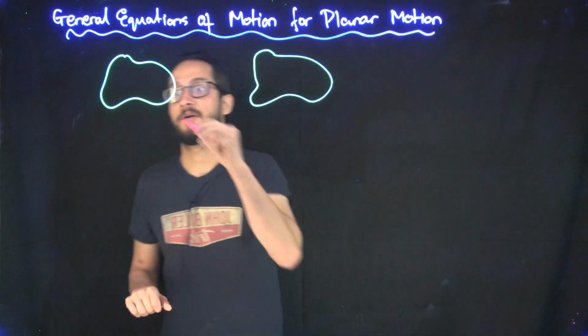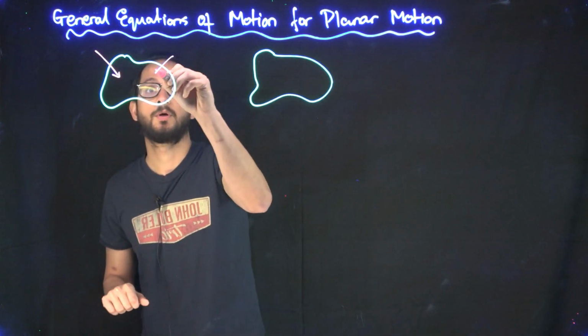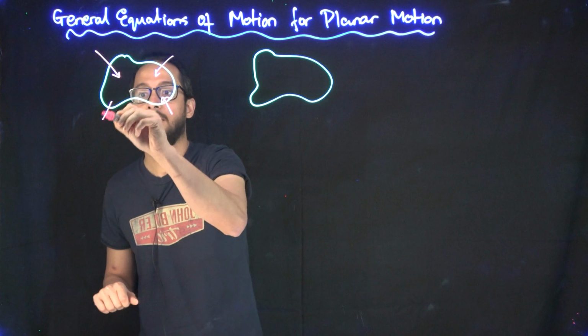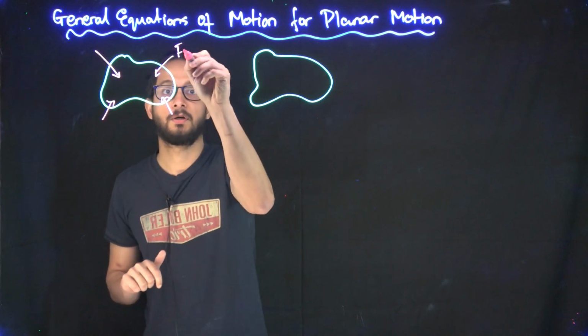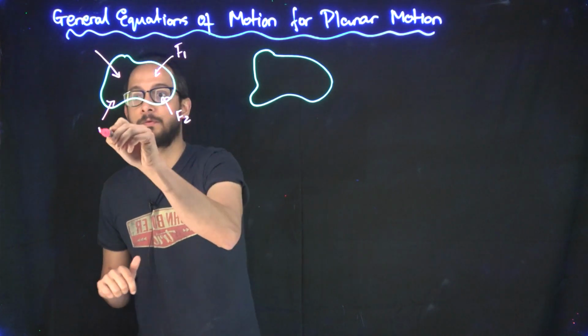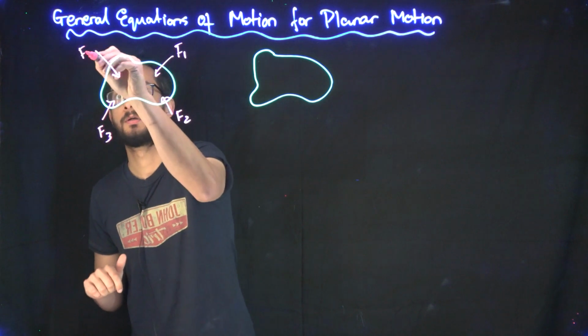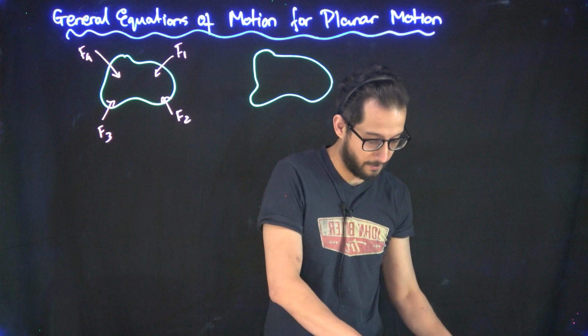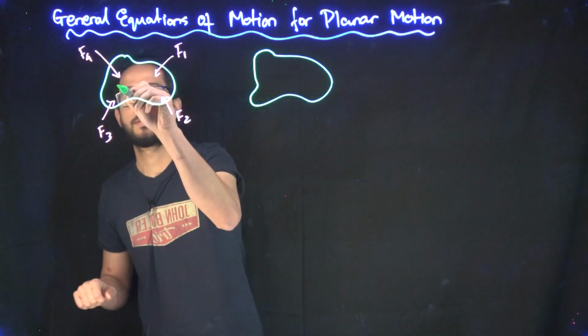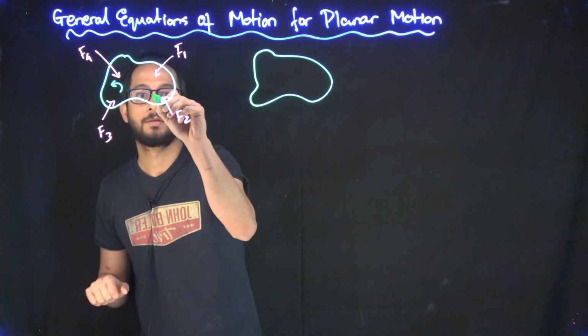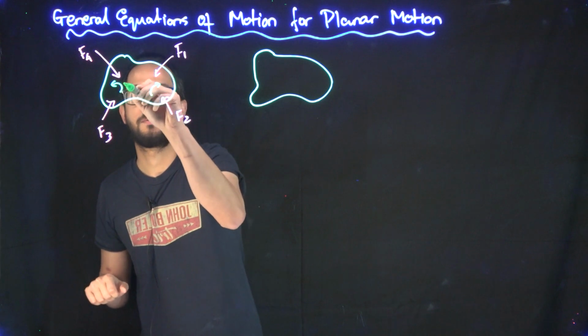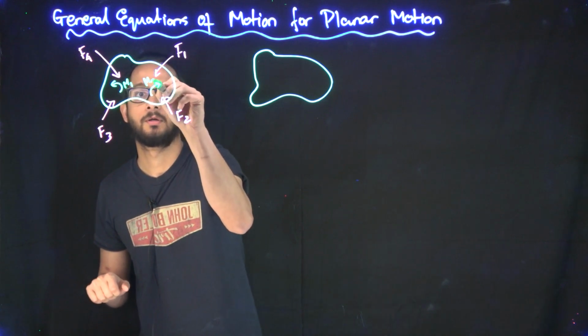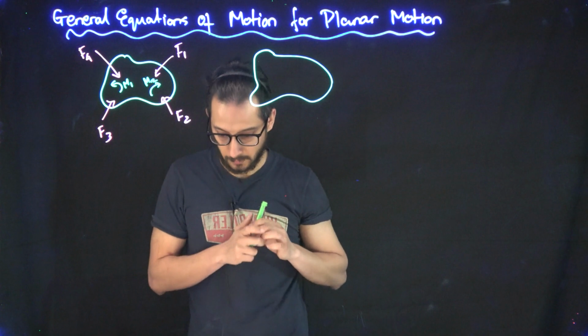So you have a bunch of different forces acting on it, let's say F1, F2, F3, and F4. And then maybe you have some moments that are also acting on it, so let's say M1, M2, right?